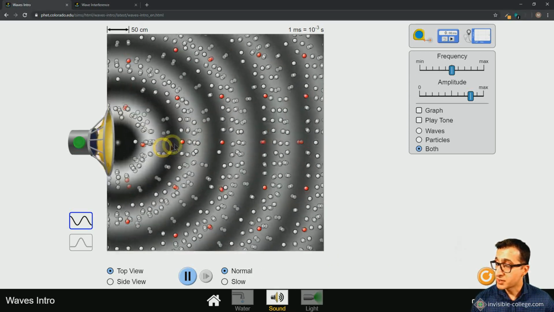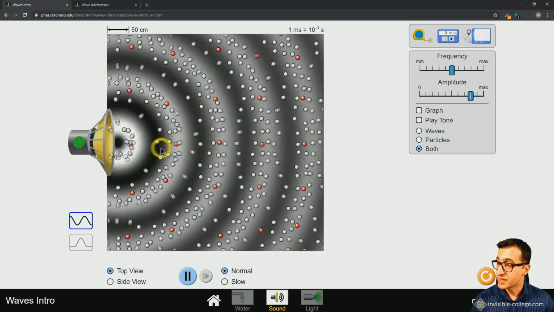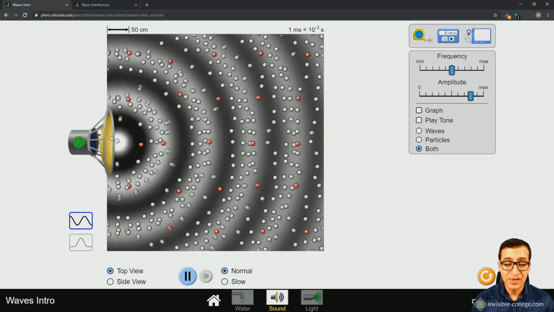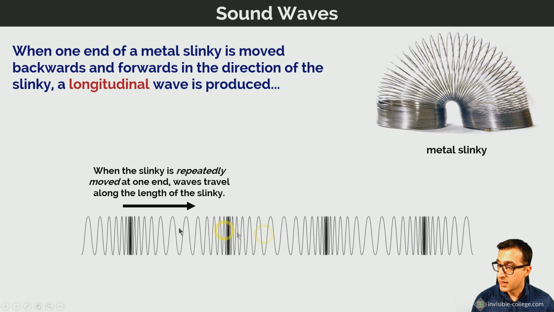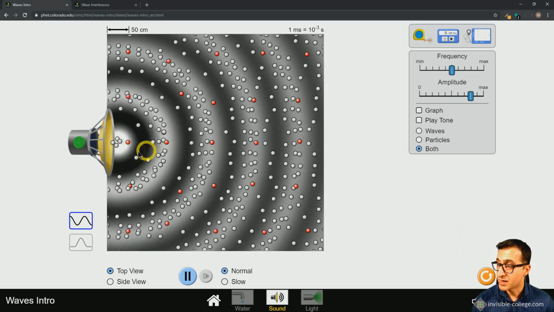The regions where the particles are moving further apart are represented by the regions of the slinky where the coils are moving further apart from each other, and the regions of the slinky where the coils are bunching closer together would represent the regions of the air where the particles of air are moving closer together and being compressed.